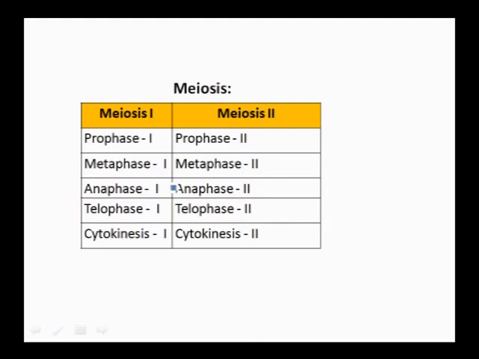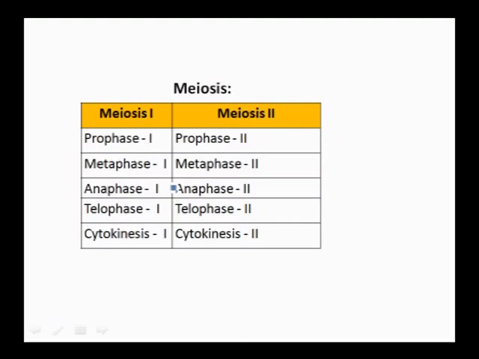So meiosis has the stages meiosis 1 and meiosis 2. Each of them is subdivided into prophase 1, metaphase 1, anaphase 1, telophase 1 and cytokinesis 1. Do remember, out of all the stages of meiosis, prophase 1 is the longest phase. It takes a very long time, having sub-stages, and cytokinesis 1 is not a mandatory stage.